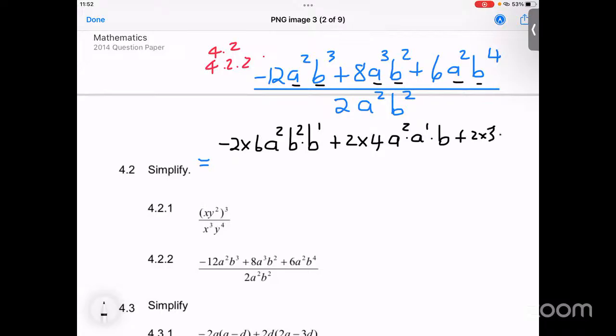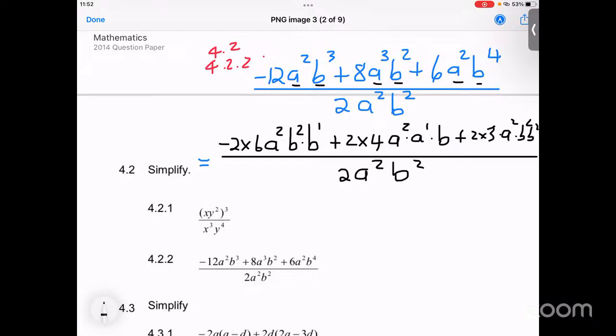In terms of the a, you do have it as a squared, and then the b can have b squared, b squared, because b squared and b squared takes you back to that b to the exponent of 4. So now I'm having 2a squared b squared.